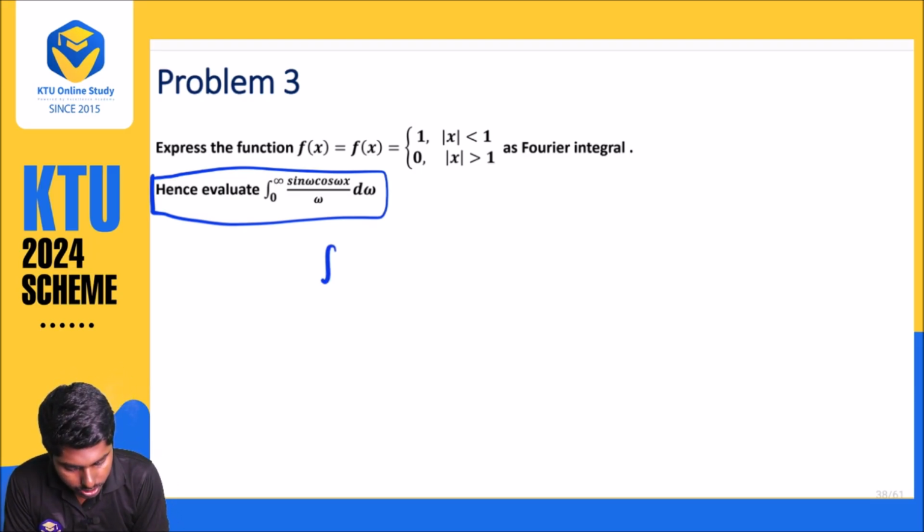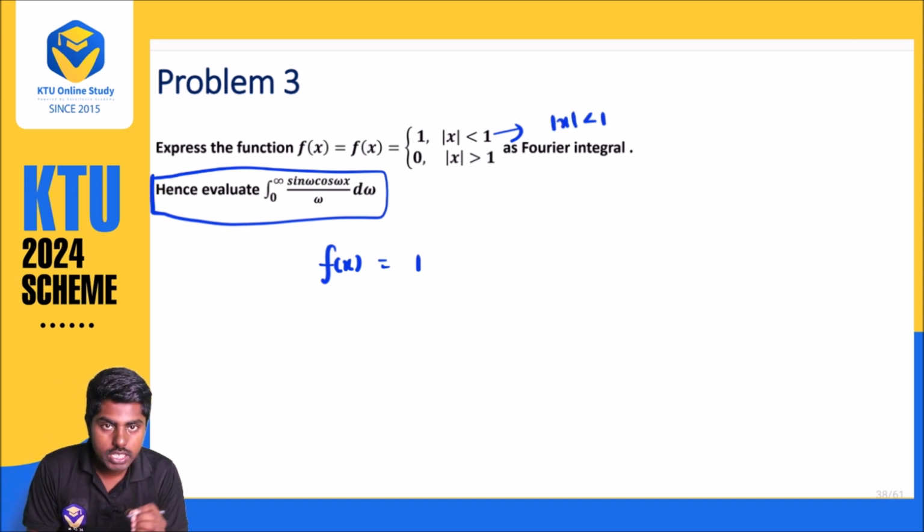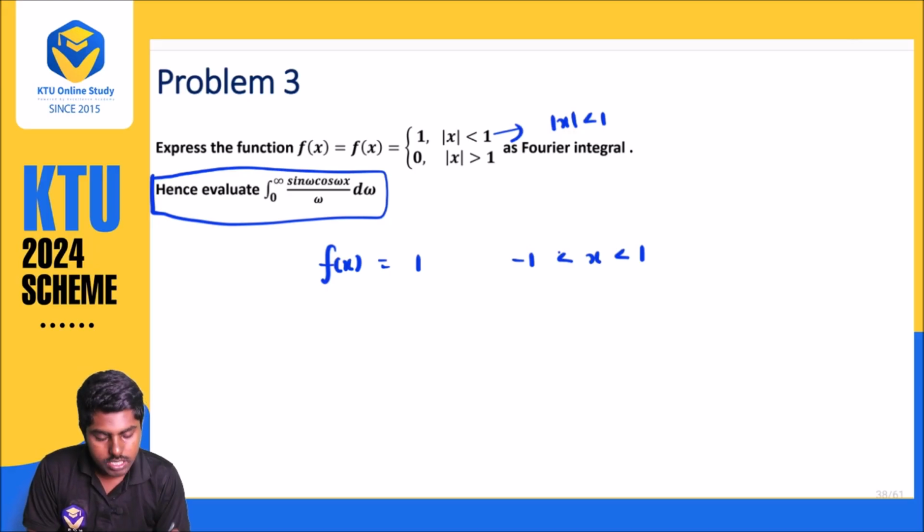Given f of x is equal to 1 under the condition mod x is less than 1. Mod x is less than 1 means minus 1 is less than x is less than 1.